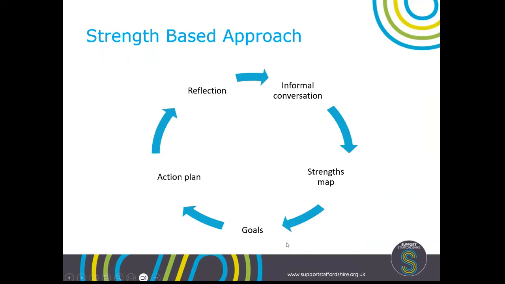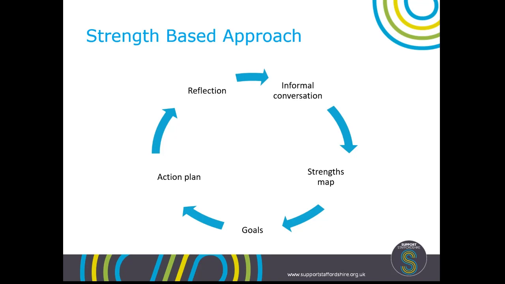Okay, so just to recap. We have an informal conversation with someone, we have a chat with them, we find out their strengths, what they're interested in, what they would like from them. So we can build a strengths map, we can identify the personal strengths, what social resources they've got around them, if they've got family or close friends that can help and support them.